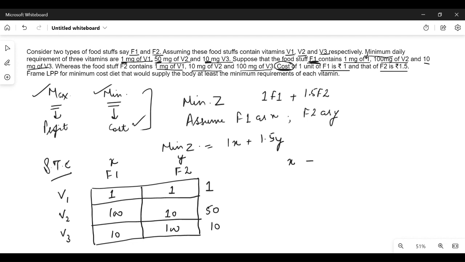What I will get is x plus y. This is 1x plus 1y, and at least is there. So minimum requirement means that we can take the greater than or equal to sign. It means that vitamin 1 in foodstuffs 1 and 2 should be equal to or more than 1.